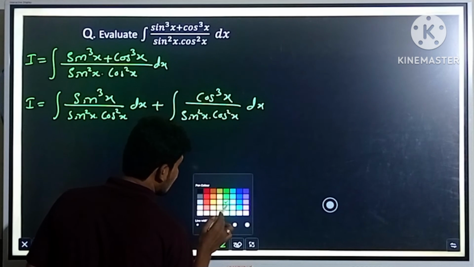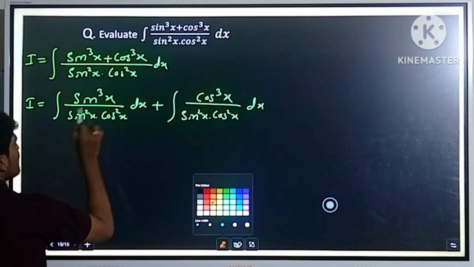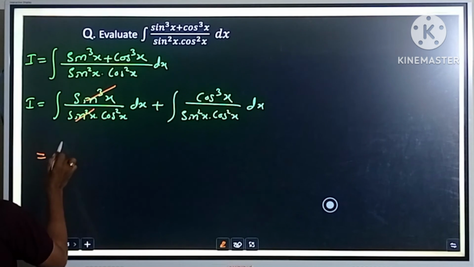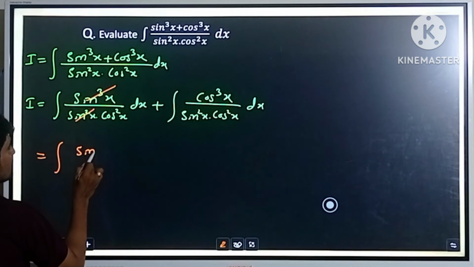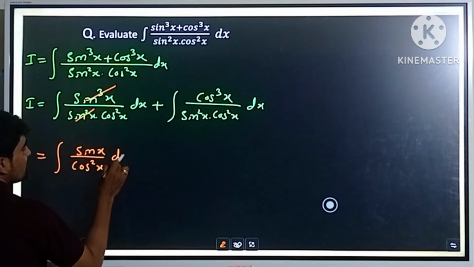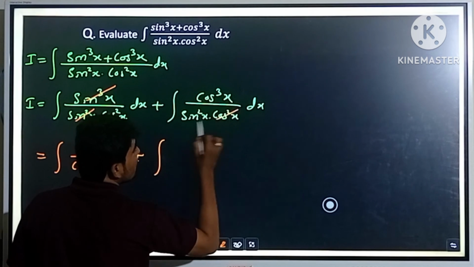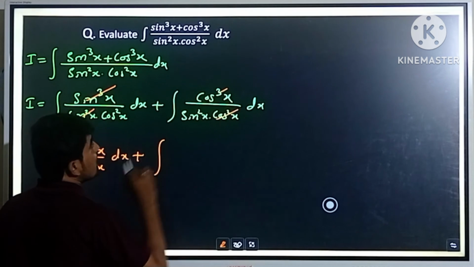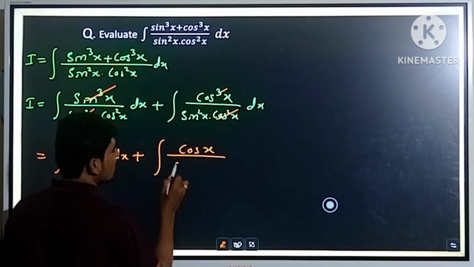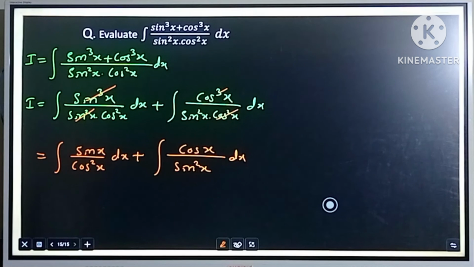I hope all of you understand. Now in the first integral, I can cancel sin square x from numerator and denominator, so what remains is sin x divided by cos square x with respect to x, plus integration of, here also I can cancel cos square x from numerator and denominator, remaining cos x divided by sin square x with respect to x.